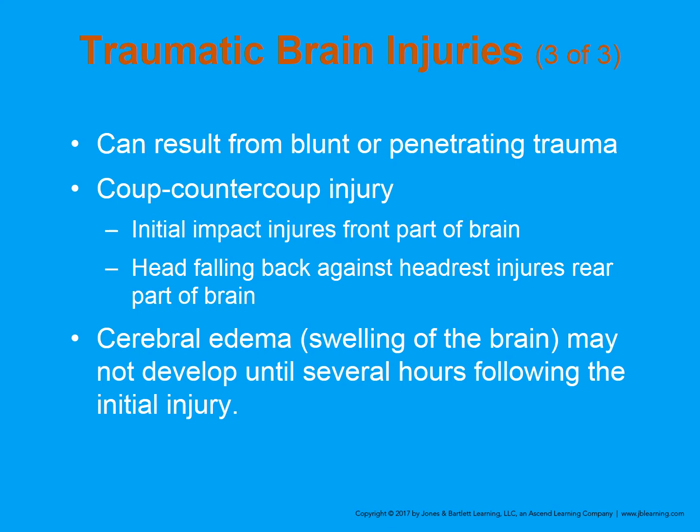It's going to then slide backwards again once it comes in contact with that and hit the occiput, and then might slide back again, right? It's that movement inside the cranial vault. And it's increased by atrophy of the brain caused by the patient being elderly or chronic alcohol use. Head falling back against headrest injures rear part of the brain.